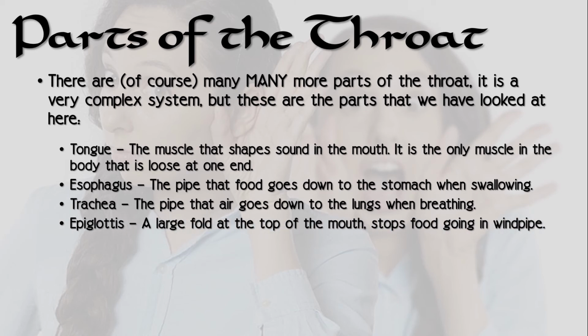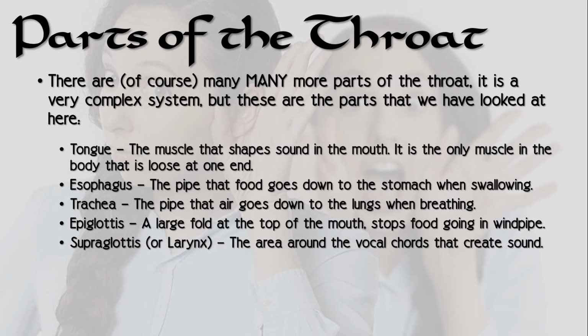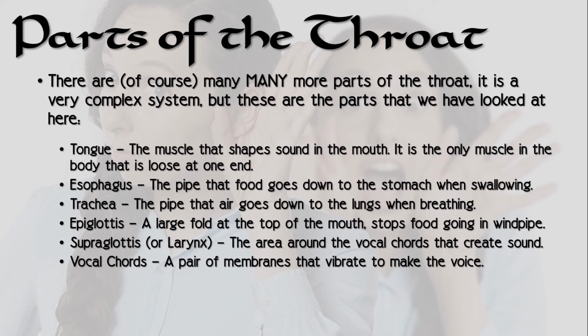Protecting the trachea is the epiglottis, a large fold of flesh at the back of the mouth. This stops food from going in the windpipe by accident, and it also helps with making some sounds. The supraglottis, or larynx, also called the voice box, is the area around the vocal cords that help to create sound in different ways.